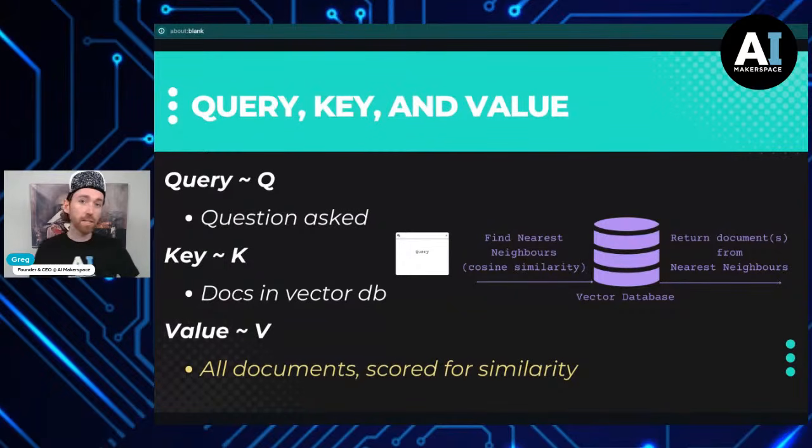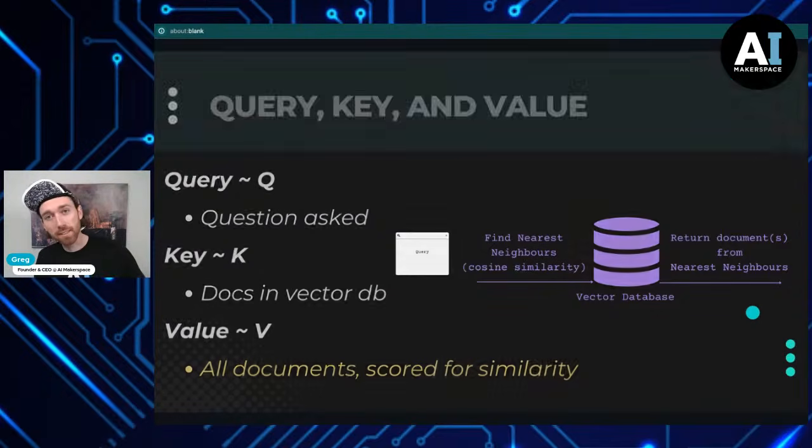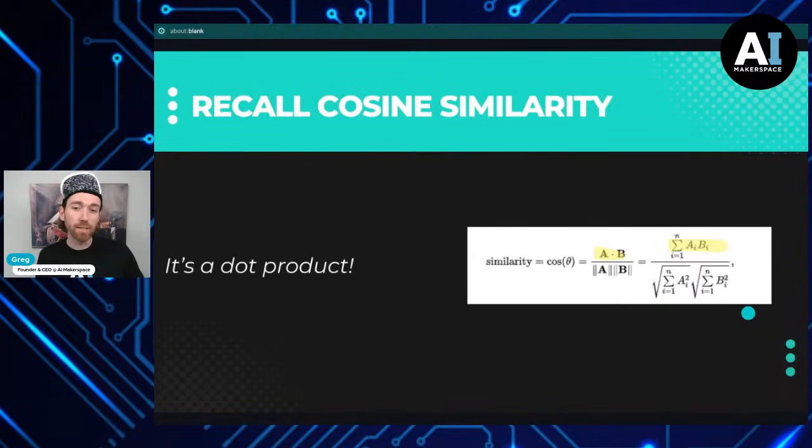Cosine similarity, right? Why does that matter? Well, if you harken back to linear algebra, cosine similarity is calculated with a dot product. And of course, a dot product is basically the same as multiplying one vector times a transpose vector to get a single scalar output, one by one.